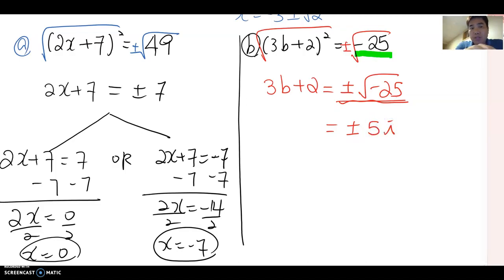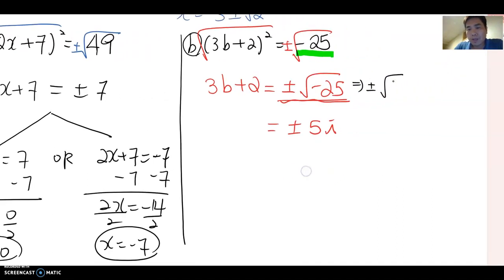5i. The reason is that you can rewrite this as plus and minus root 25 times root negative 1, and we define this as i, right? This is i. Therefore, this becomes plus and minus 5i here.